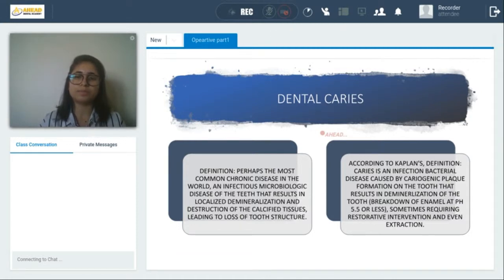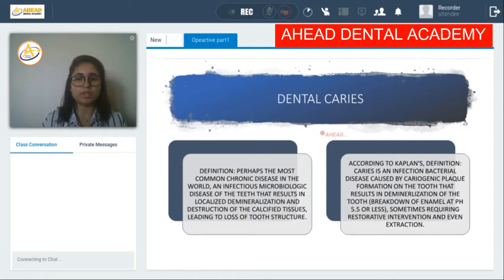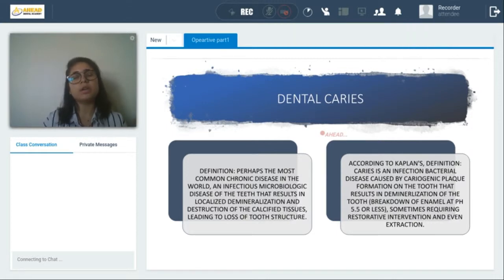Then, according to Kaplan, another reference book, it defines caries as an infectious bacterial disease which is caused by cariogenic plaque formation on the tooth that results in demineralization of the tooth, sometimes requiring restorative intervention and even extraction. So it tells a little bit about etiology and a little bit about the treatment plan.